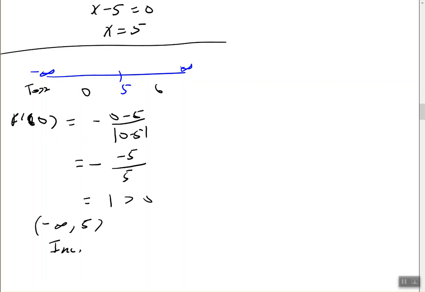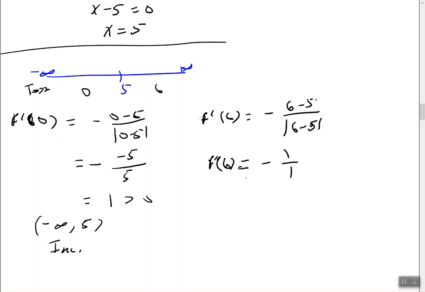The function is increasing. And then let's test f prime of 6. So we have negative, then 6 minus 5 over the absolute value of 6 minus 5. 6 minus 5 is 1, the absolute value of 1 is 1.